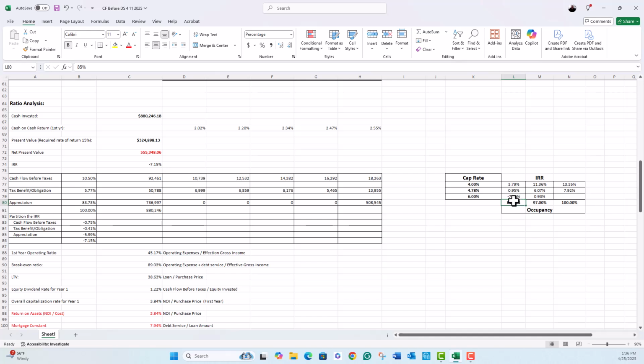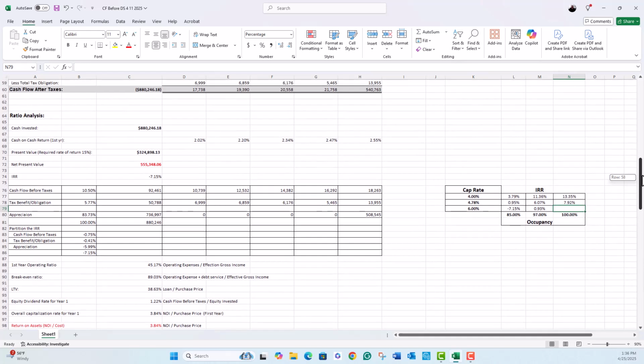There it is. That's a negative 7.15%. If the cap rate goes up, the market turns out to be worse than we thought, and we have an 85% occupancy, 15% vacancy, the internal rate of return is a negative 7.15. Those operating numbers are not bad. The only thing that changed was the market. Wow.